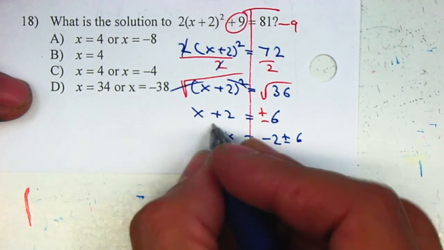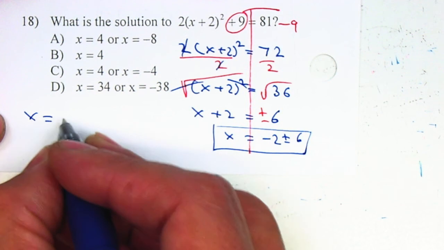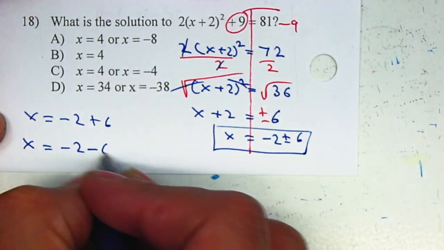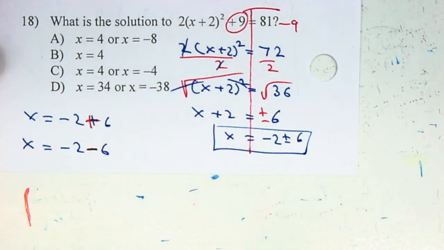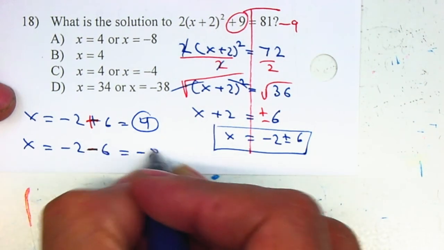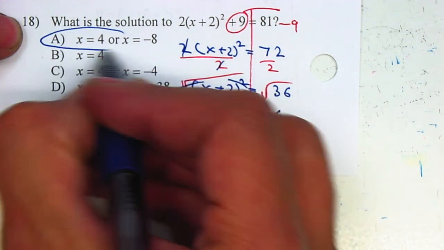That means I'm going to have x is equal to negative 2 plus 6, and x is equal to negative 2 minus 6. So one with a positive, one with a negative. That will give me 4, and that will give me negative 8. 4 and negative 8, my answer is letter A.